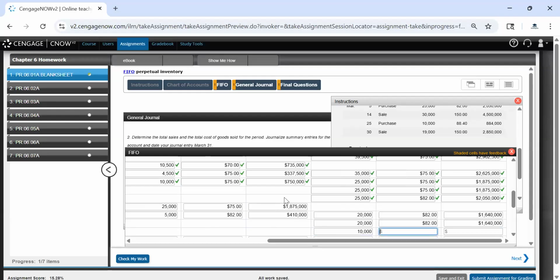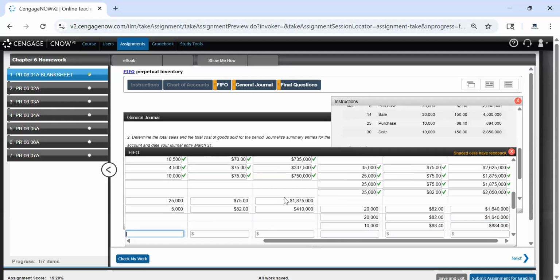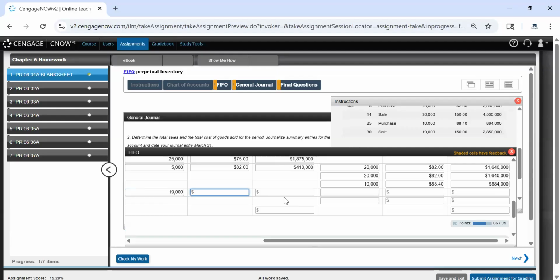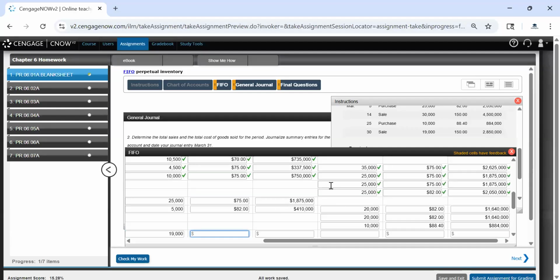Both our 20,000 unit layer at $82, and then our $88.40 layer, that's 10,000 units because we just purchased that. And then one final sale of 19,000 units. And that's only going to use up the $82 inventory because we have 20,000 units left of that.